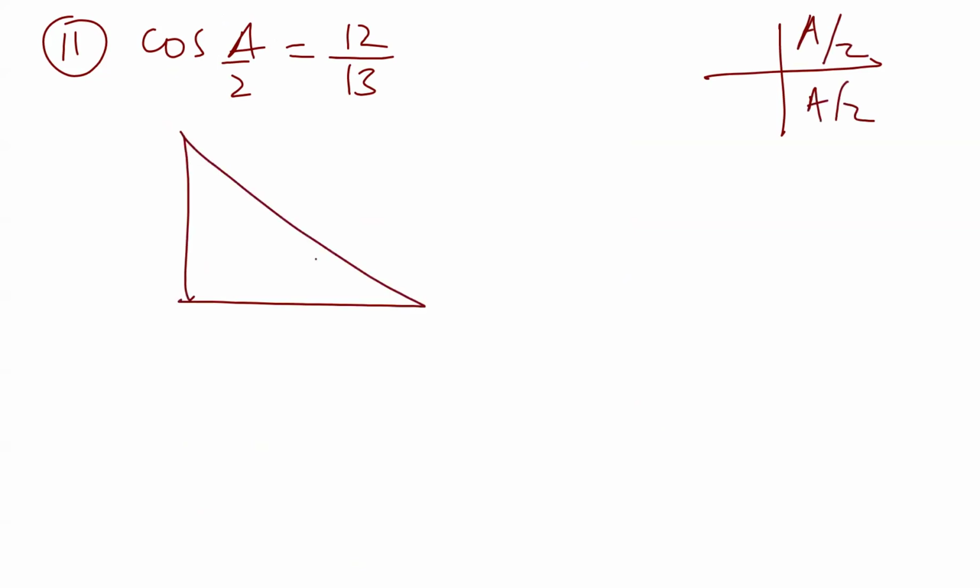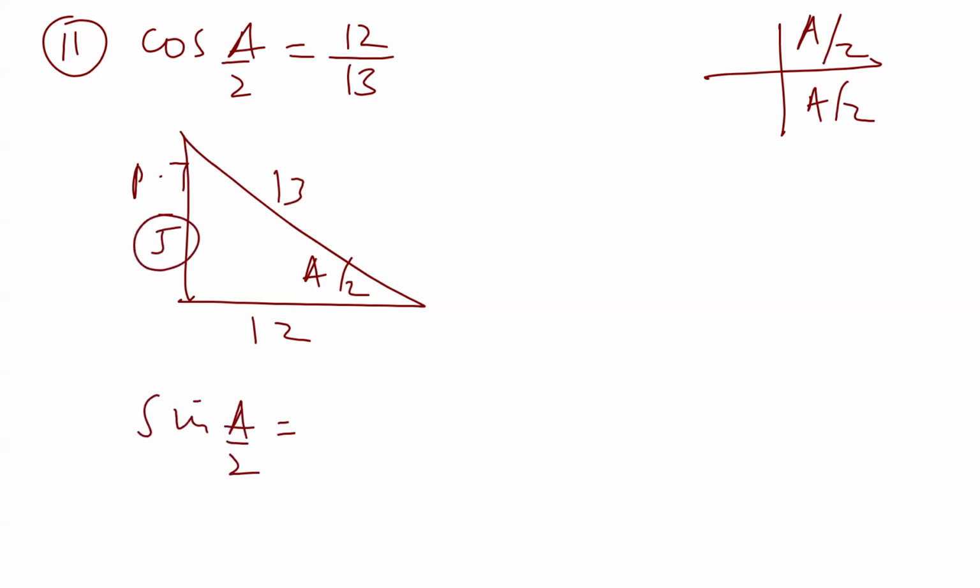Now, if this is A by 2, then this will be 12 and the hypotenuse will be 13. By Pythagoras theorem, the opposite side will be 5. So sin A by 2 will be 5 by 13 and tan A by 2 will be 5 upon 12.